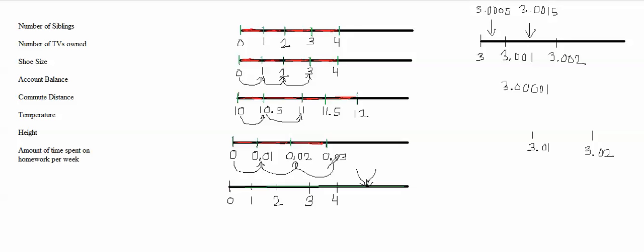But I can't deposit money in smaller amounts than this. For example, I can't deposit half a cent and go up to here, and then deposit another half a cent and go up to here. So my account balance is also increasing in steps. So all of these are discrete because the value increases in steps.